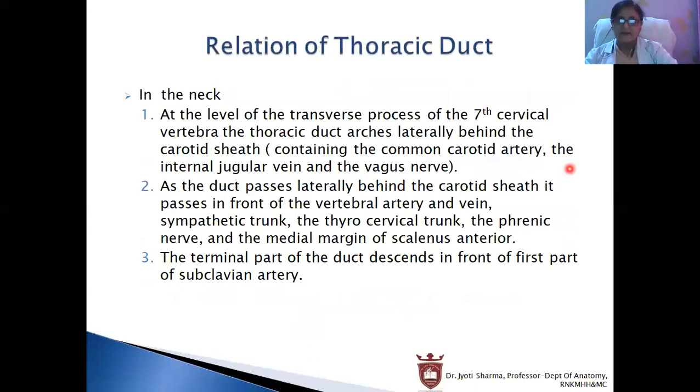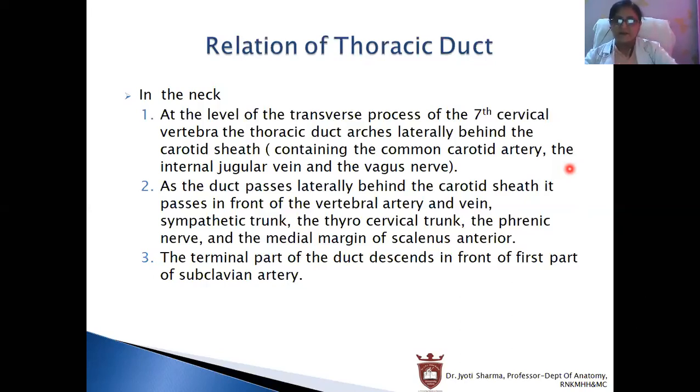In the neck, at the level of the transverse process of C7 vertebra, the thoracic duct arches laterally behind the carotid sheath, which contains the common carotid artery, the internal jugular vein, and the vagus nerve. As the duct passes laterally behind the carotid sheath, it passes in front of vertebral artery and vein, sympathetic trunk, the thyrocervical trunk, the phrenic nerve, and the medial margin of scalenus anterior muscle.